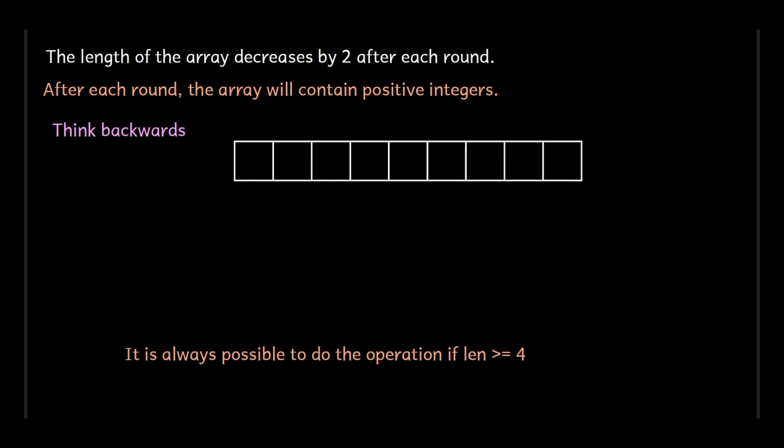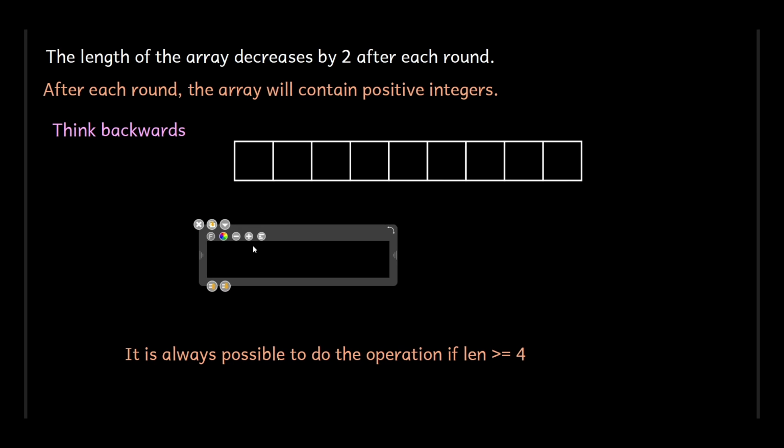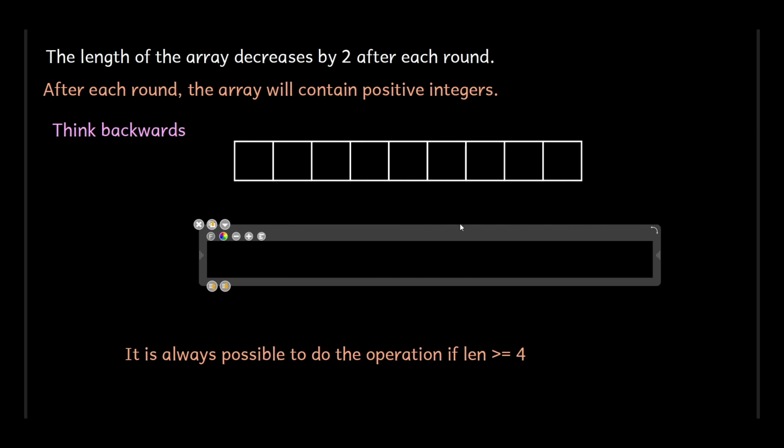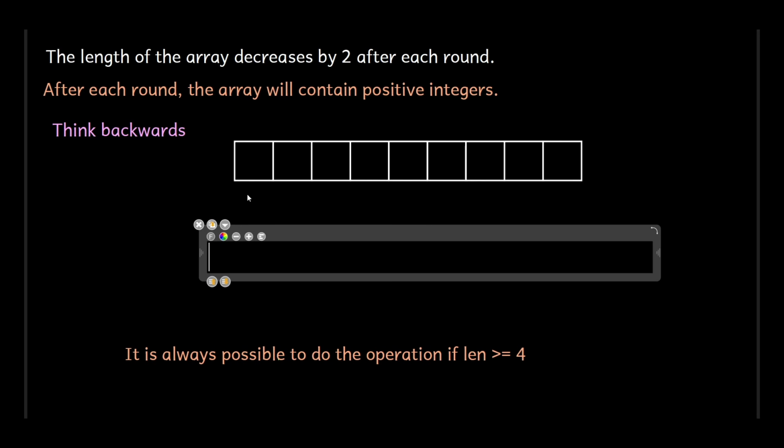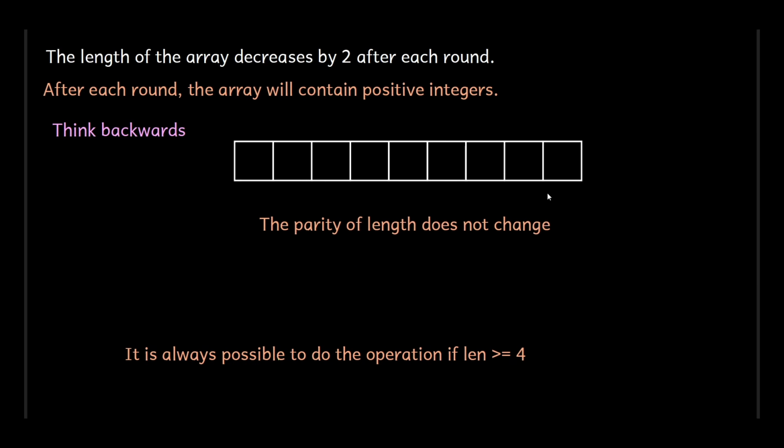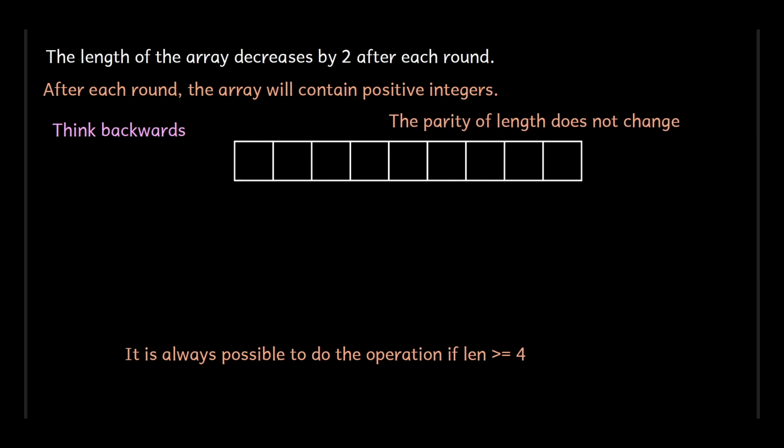We had also made another observation, that the parity of the length does not change. So let's list that down explicitly as well. The parity of length does not change. This means that if the original array had an even length, then the final array cannot be of length 3 or 5 or 1.